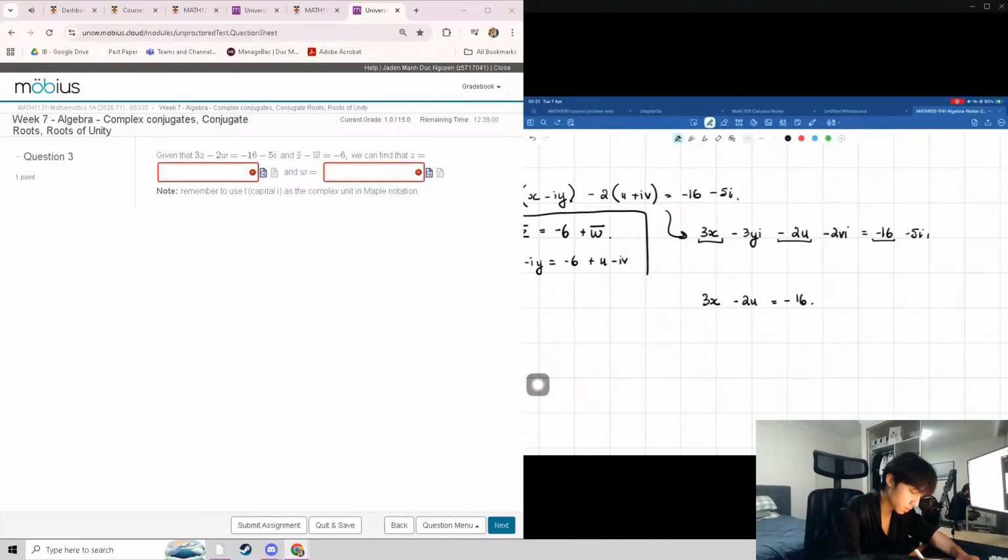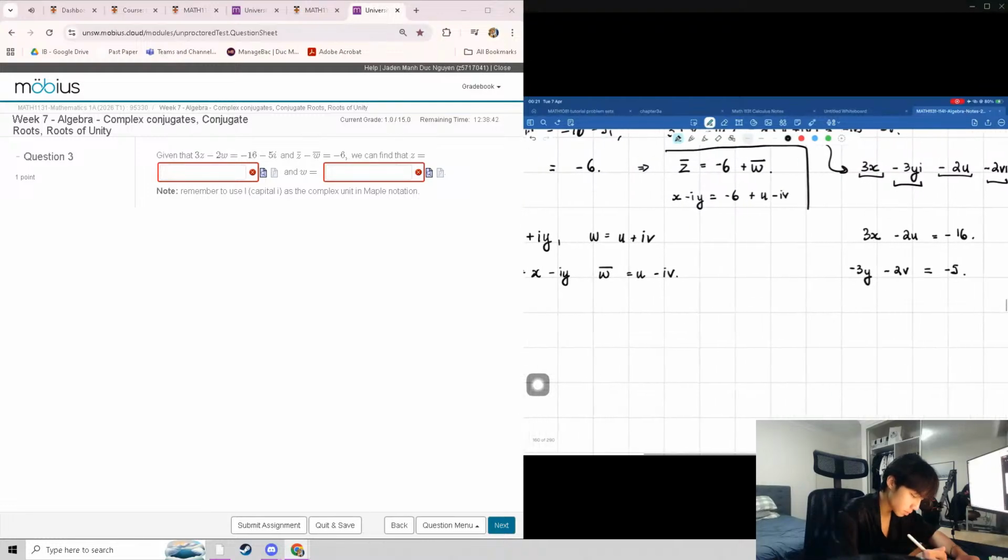That's our first equation. We get 3y, minus 3y here, minus 2 here. So we get our second equation.